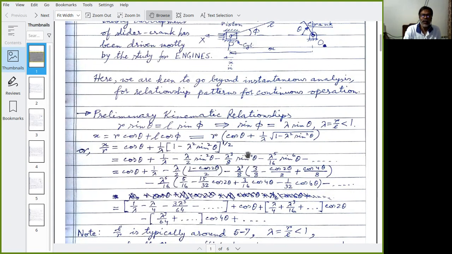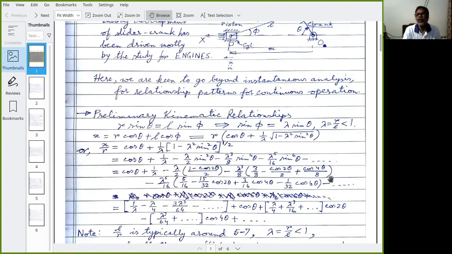Then this whole thing, this power will go off and multiple angle cosine will come. Similarly, this. Okay. So these things you can do, you know the trigonometric formula. And as long as you want to go, you can by doing this. Next term we will have constant, cos 2 theta, cos 4 theta, cos 6 theta, cos 8 theta, and so on. Okay. So as long as you want, you can go.